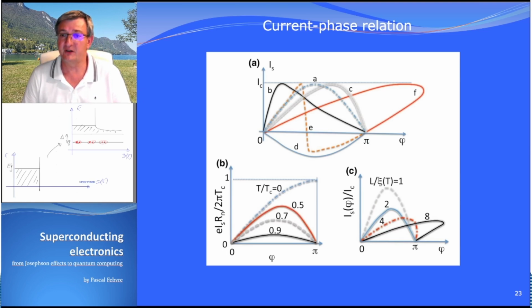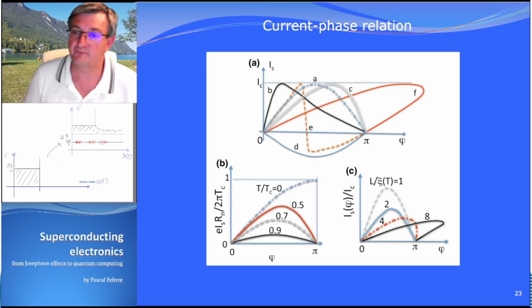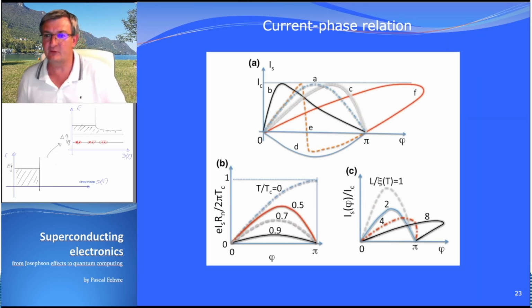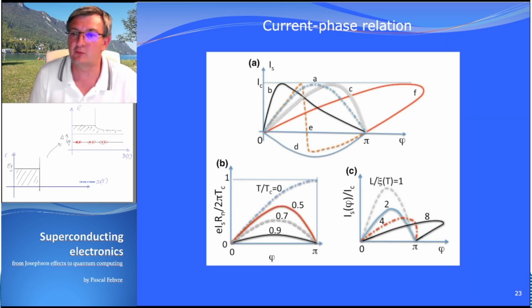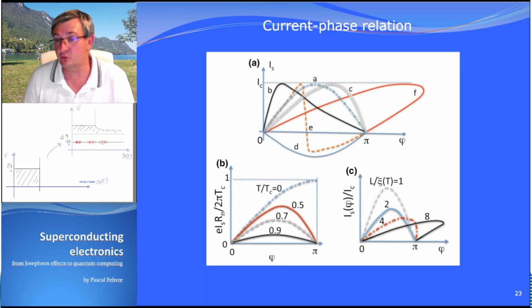You can have multi-valued systems, and also it depends on the temperature and the proximity effect in case you have a thin layer of normal metal in the barrier, etc. And all the difficulties to correlate your real device with the good model which fits with it.